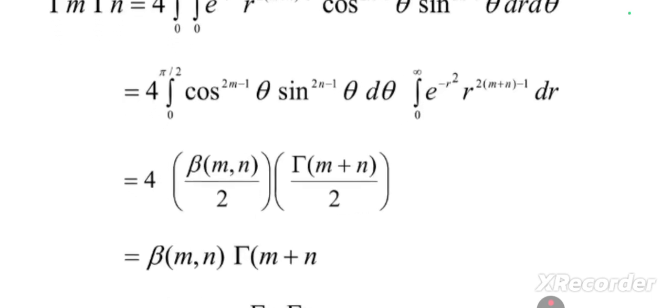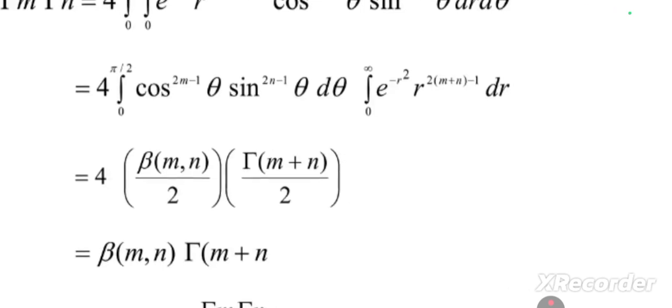We know the formula for the first one, that is the integral from 0 to pi by 2 cos power 2m minus 1 theta into sin power 2n minus 1 theta into d theta is nothing but beta of m comma n divided by 2. And if we derive the integral from 0 to infinity e power minus r square into r power 2m plus 2n minus 1 into dr, after derivation we will be getting gamma of m plus n divided by 2.